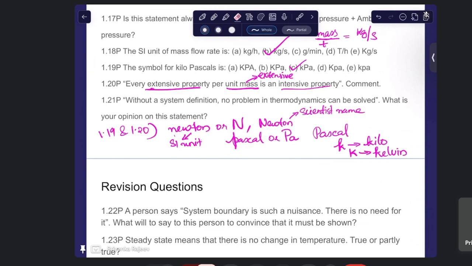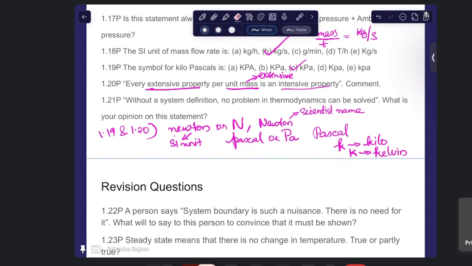Second, without knowing the system boundary, how will you measure the interactions of energy, like work and heat? Work and heat especially happen at the boundary. We are measuring heat and work as the energy interactions happening across the boundary.